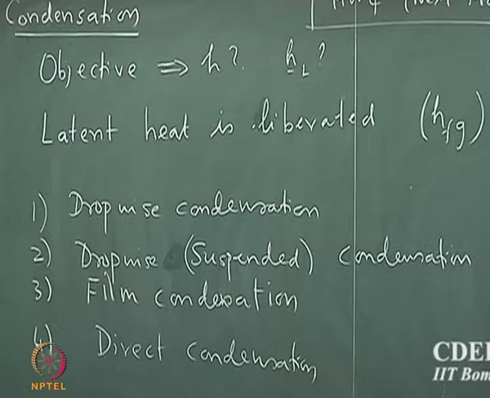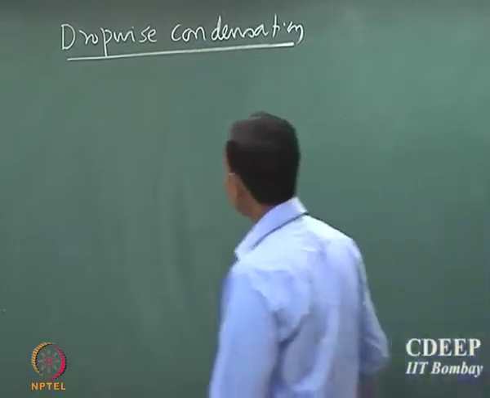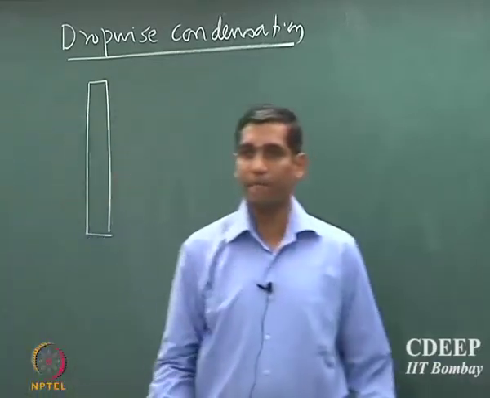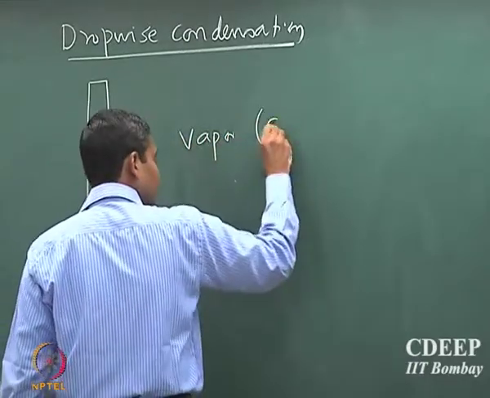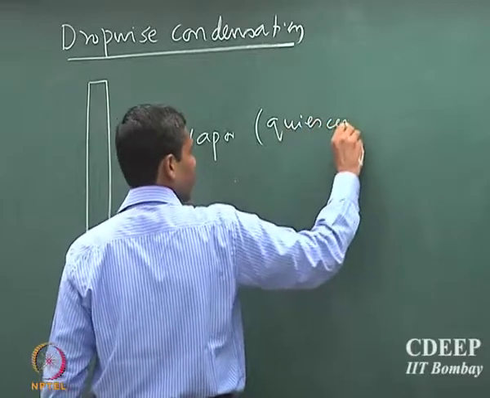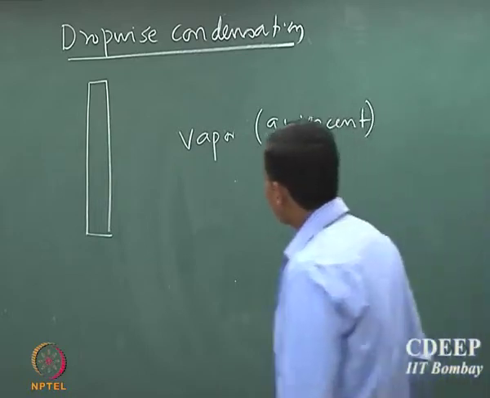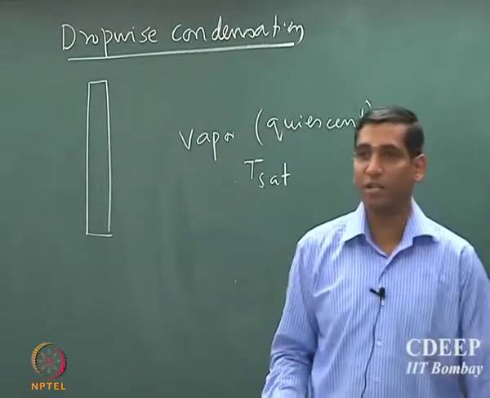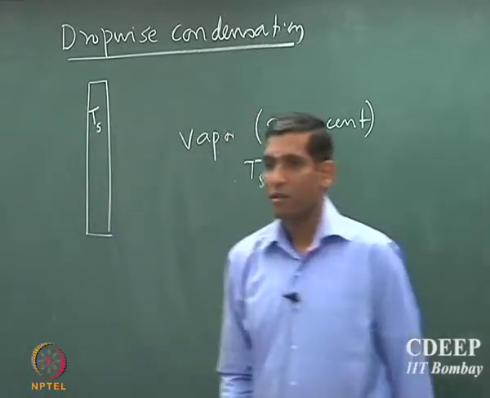So, the first one, dropwise condensation. In a dropwise condensation process, suppose there is a wall which is located, and there is, let us say, vapor which is present, and let us assume that it is a quiescent vapor, which means that the vapors are not moving, just stationary, and let us say that the vapor is at some saturation temperature, which is the condensation point, and the temperature of the plate is Ts.